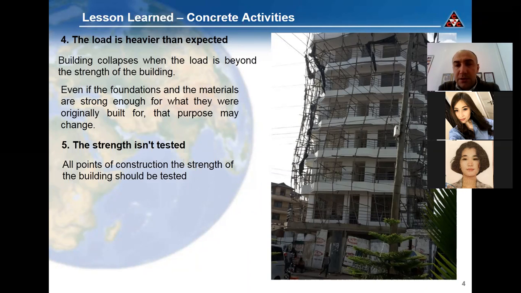As I told you, during and after construction, all main bearing elements should be tested on verticality, on horizontality, on durability by using non-destructive methods of testing, which nowadays are very popular and easier than destructive methods. Non-destructive methods just need some time and knowledge of how to use new equipment which helps you to check the quality of the concrete, the quality of the steel, and so on.